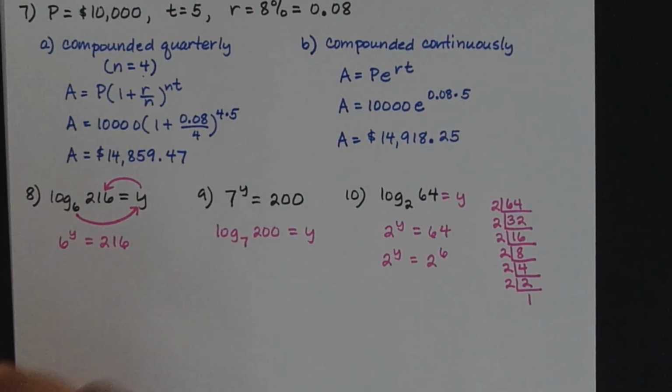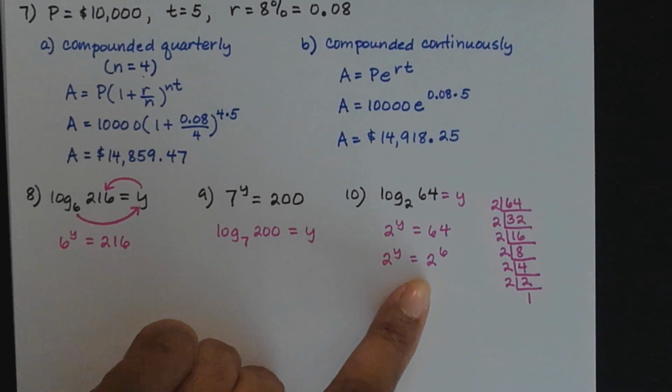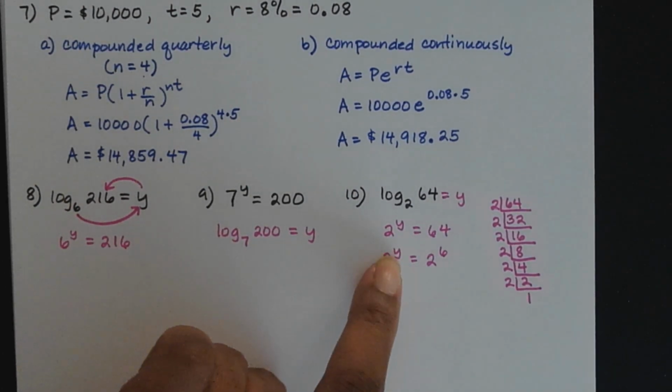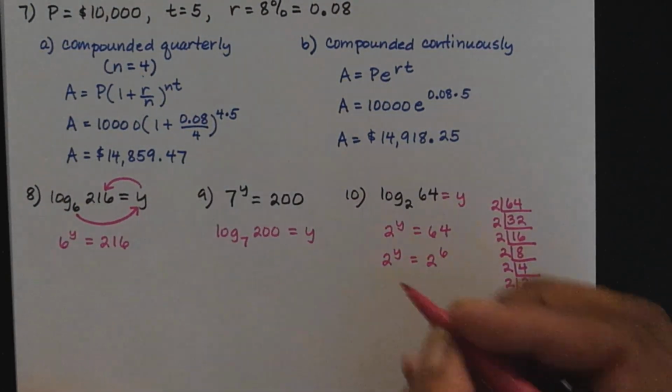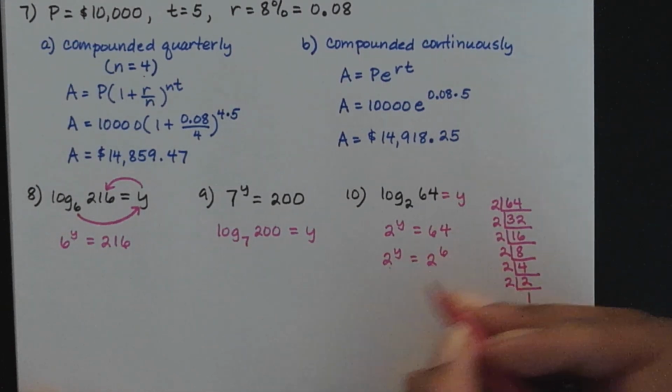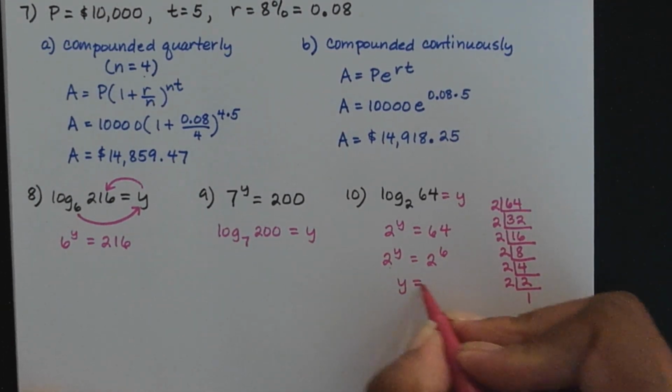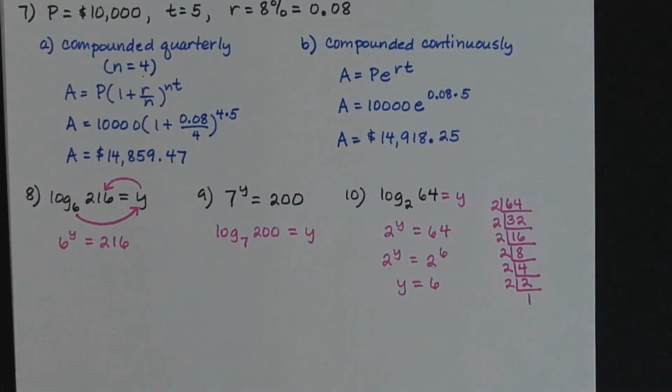Now, there's a rule that says if my bases are the same, I can set this exponent equal to that exponent. Since these 2's are the same, I can set y equal to 6. And that would be the missing exponent that I was trying to find.